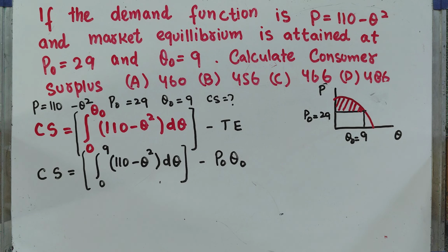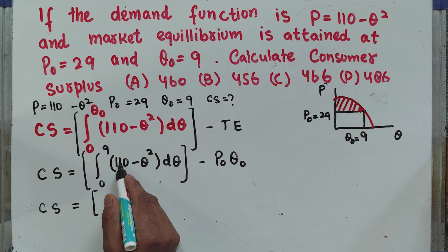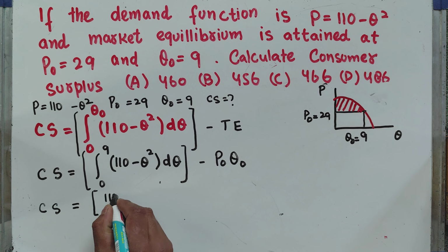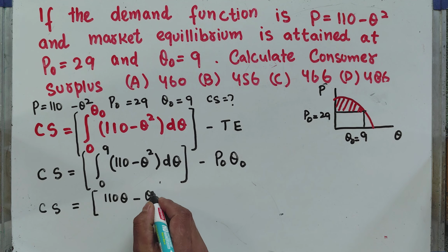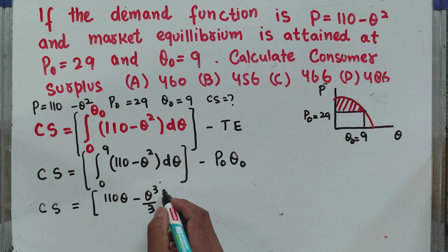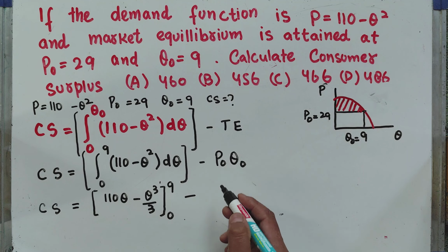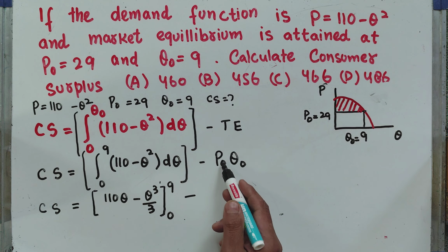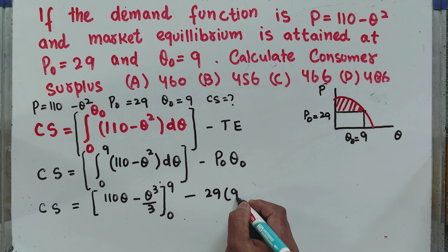So let us solve it now. Consumer surplus will be equal to, let us integrate it. The integral of 110 is 110 Q minus the integral of Q square, which is Q cube upon 3 by the power function rule of integration, and we evaluate it from 0 to 9, and then we subtract from it the total expenditure, that is P naught times Q naught. P naught is 29, Q naught is 9.